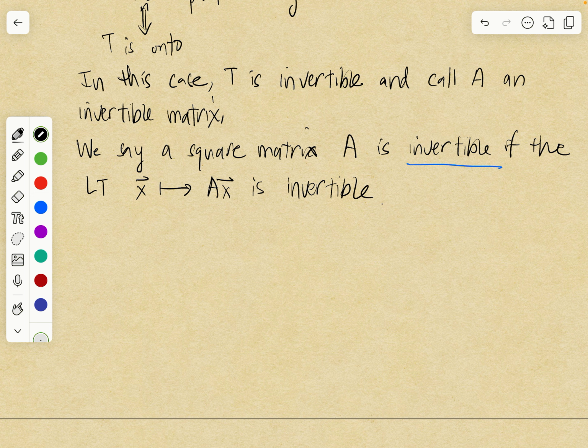Let's think of different ways of describing invertible matrices. Most square matrices will be invertible, so it's an important class of matrices.